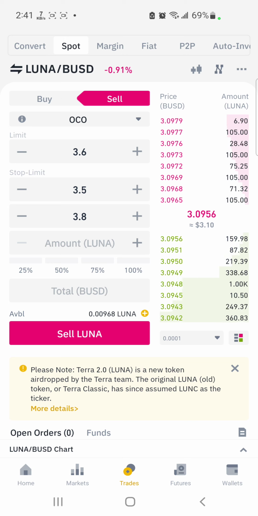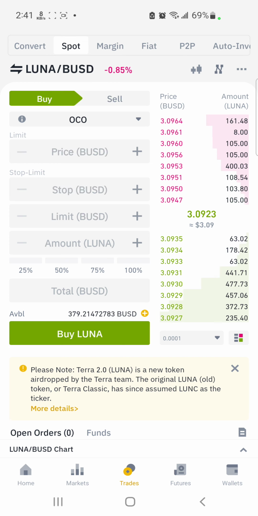So you have the option here to sell at the price that you want to sell it for. Or you can just wait until the price gets triggered and you get what you want. So that's just basically it. And it's the same for buying. You can set the price that you want to purchase at, where you want it to be triggered, which would have been the stop, the limit, and the amount. So that's just basically it.